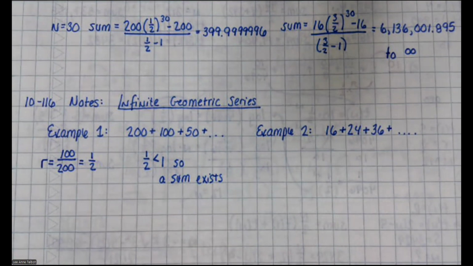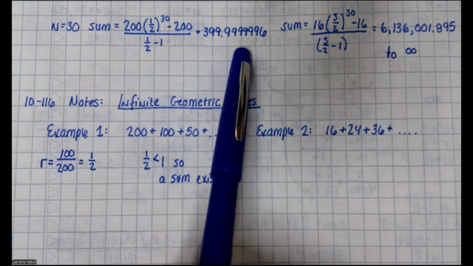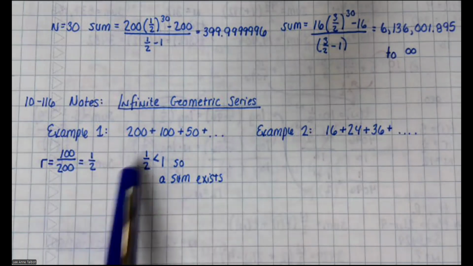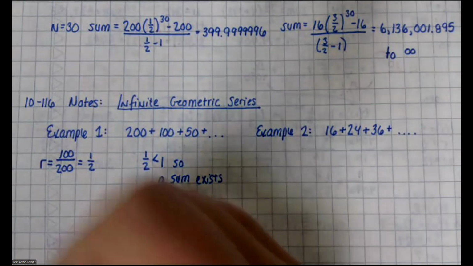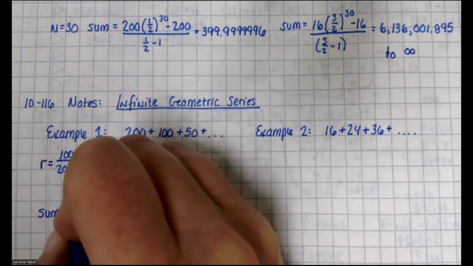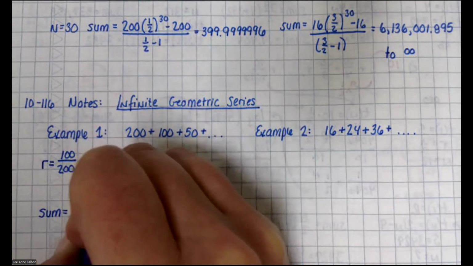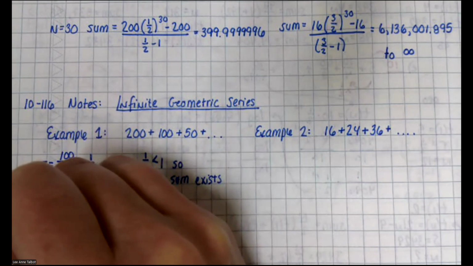Now the next question you might have is, I know it's 400. I can tell it's 400 from my previous trial and error. How do I get 400 without plugging in giant values of n? The formula is sum equals first term over 1 minus r.